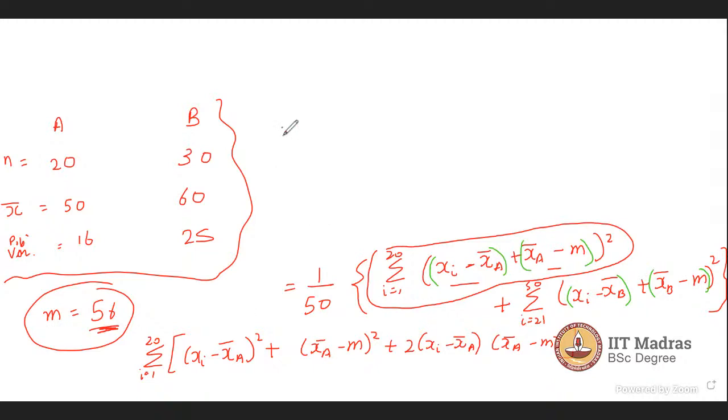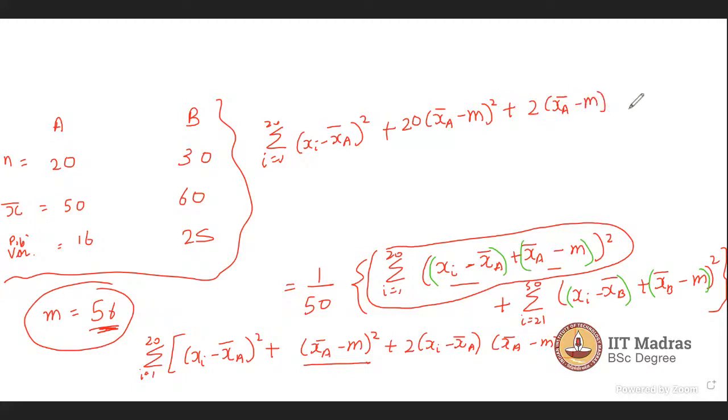Okay, so now let's take the summation, 1 to 20. This thing will take as it is. Nothing changes, right? This is a constant. So adding a constant 20 times is just 20 times this. And the constants come out. Summation xi minus xa bar, i goes from 1 to 20. Let me just open this term for you a bit also.